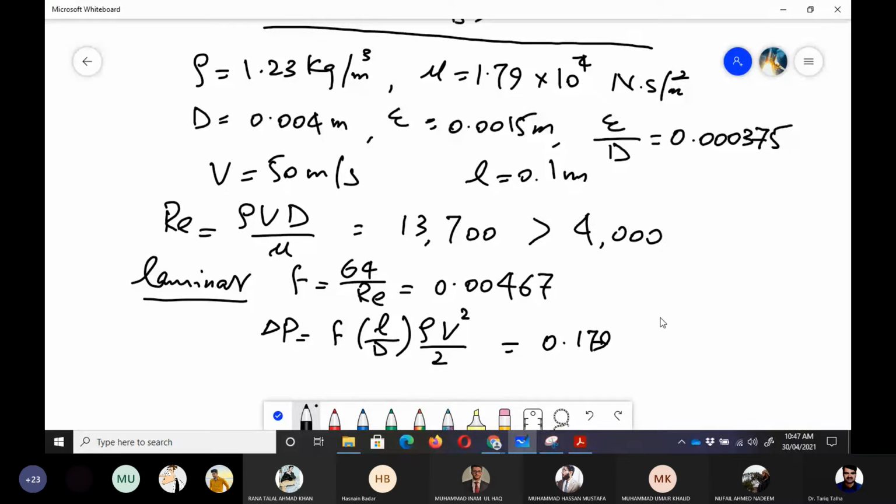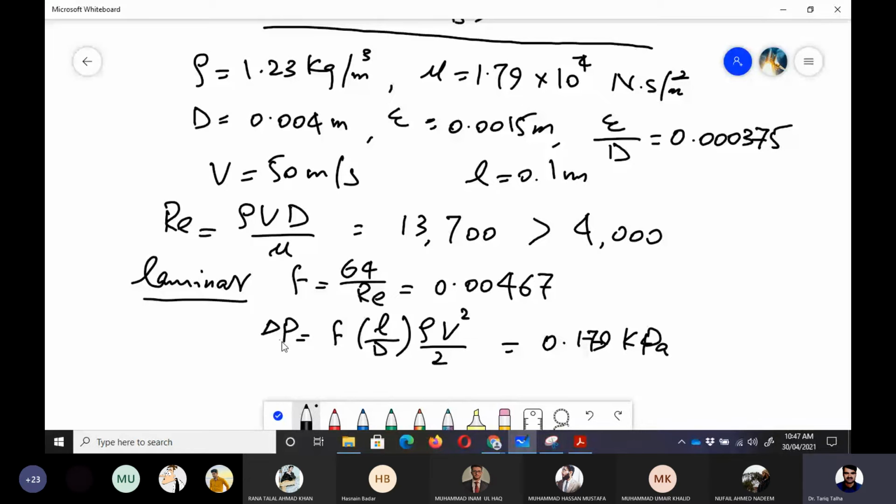If we calculate that, it is 0.179 kilopascal. So we can also say 179 pascal, or 0.179 kilopascal.